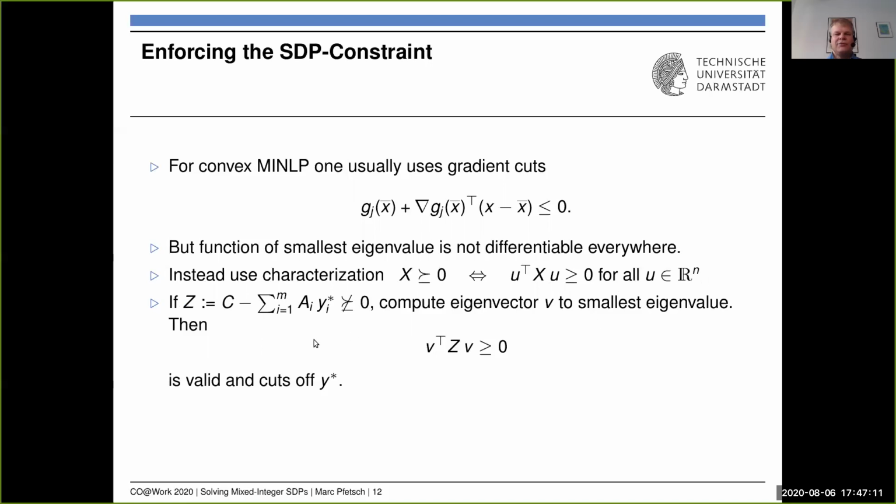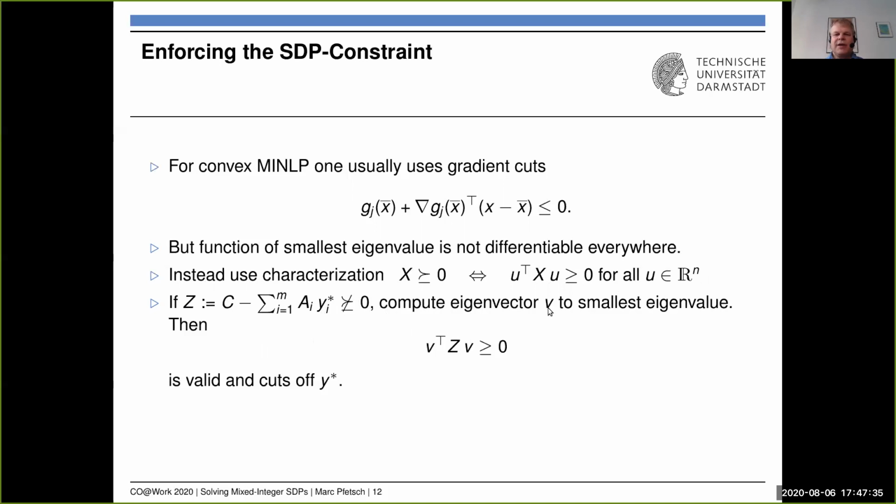And then what we can do, if the matrix Z, which is this matrix C minus the linear combination for a given point y star, is not positive semidefinite, is compute an eigenvector v to the smallest eigenvalue. If it's not positive semidefinite, the smallest eigenvalue is negative.